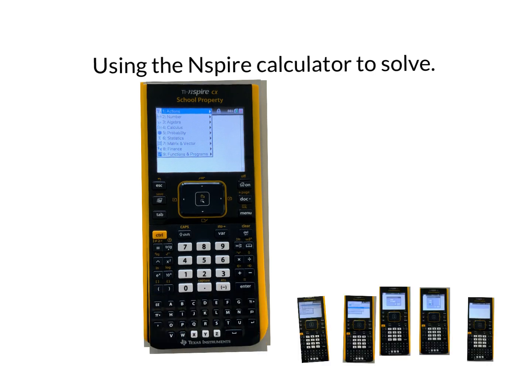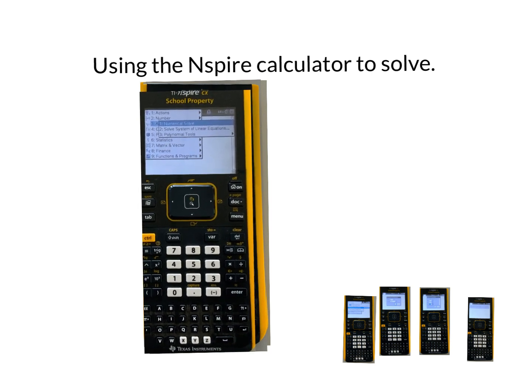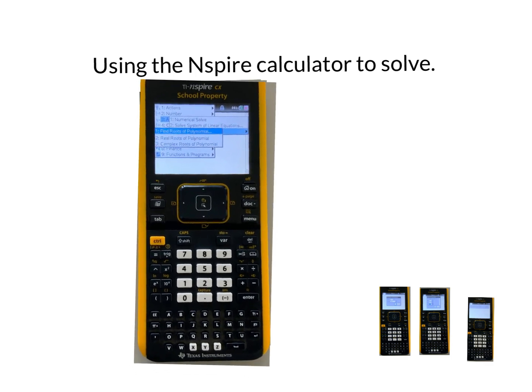And then from here, we're going to select algebra, or we're going to press 3, okay? And then the screen's going to look like this. All right, and then from here, we're going to press this number 3, polynomial tools. We're going to be using polynomial tools in order to answer this, okay?